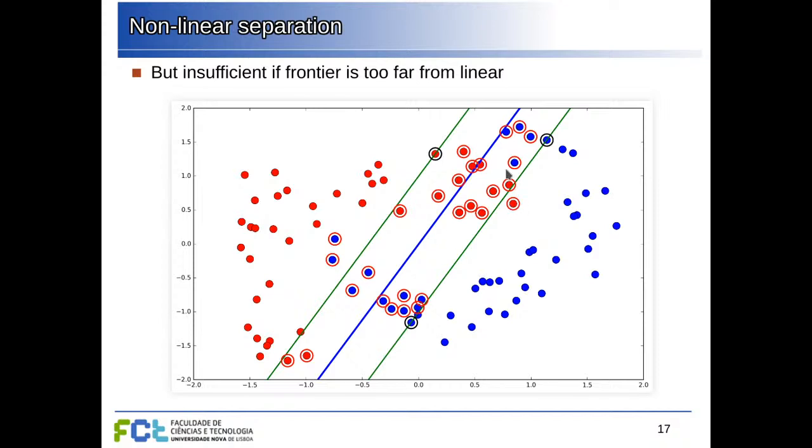So here you have examples of support vectors, for example this one, that are very far away from the margin but on the wrong side, because the red side should be over here and this is on the wrong side. The same happens for these here.